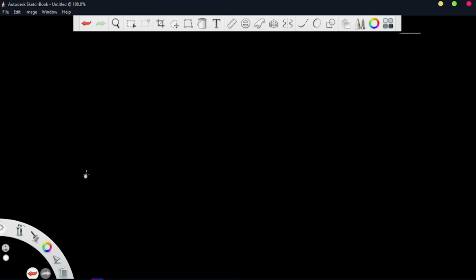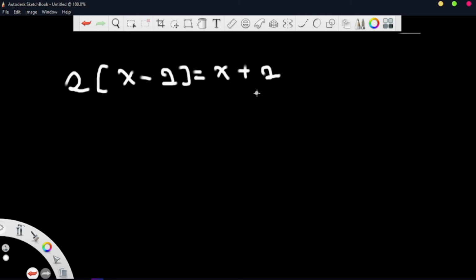Now let's try out this last one. These last two are quite requiring from what we have done. 2 times the bracket x minus 2 is equal to x plus 2.